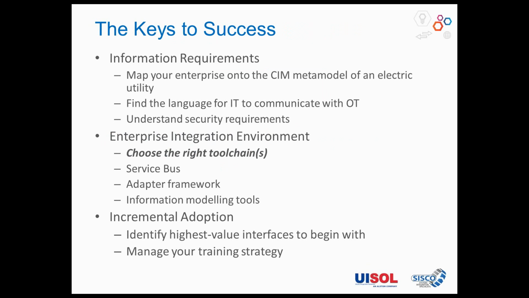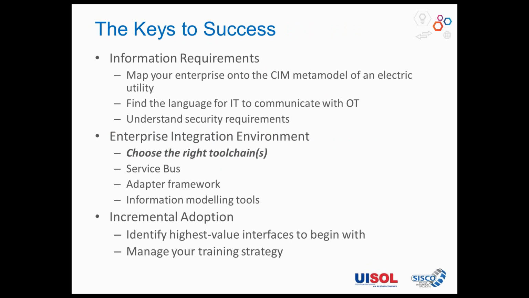Information requirements. The CIM will help you map your enterprise onto a meta model, and that will in turn help you manage that data. It gives you a language that will allow the IT and OT folks to communicate. Information requirements are critical.